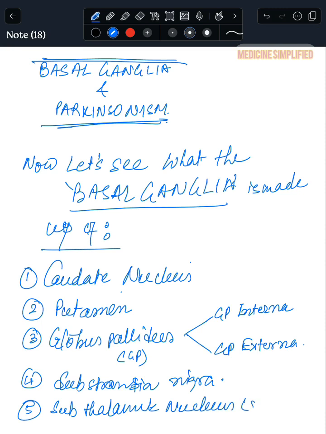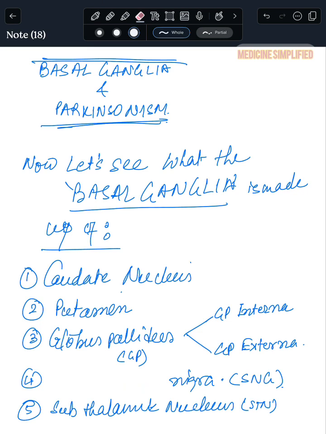Subthalamic nucleus we will write as STN, substantia nigra we will write as SNG. So this much is clear, I think. I have written the wrong spelling. So I think you have understood this much.